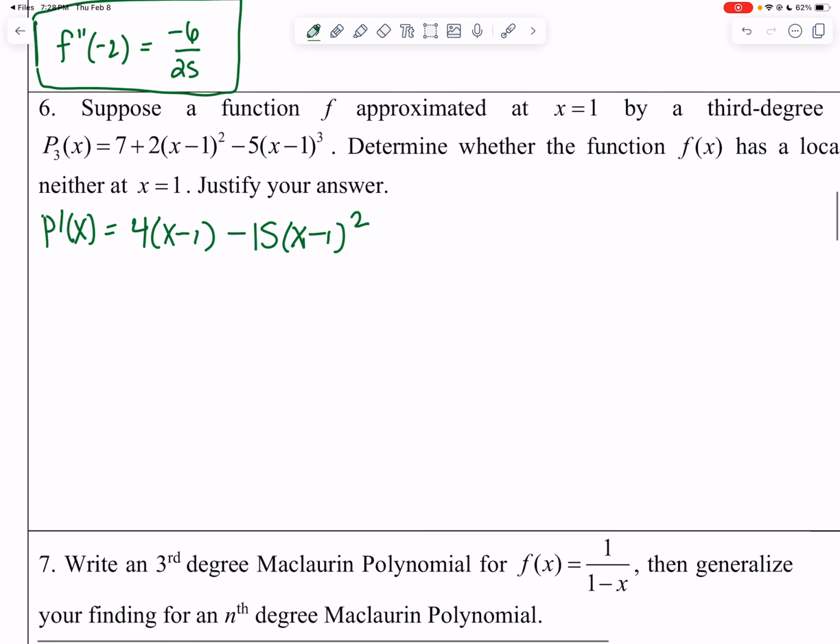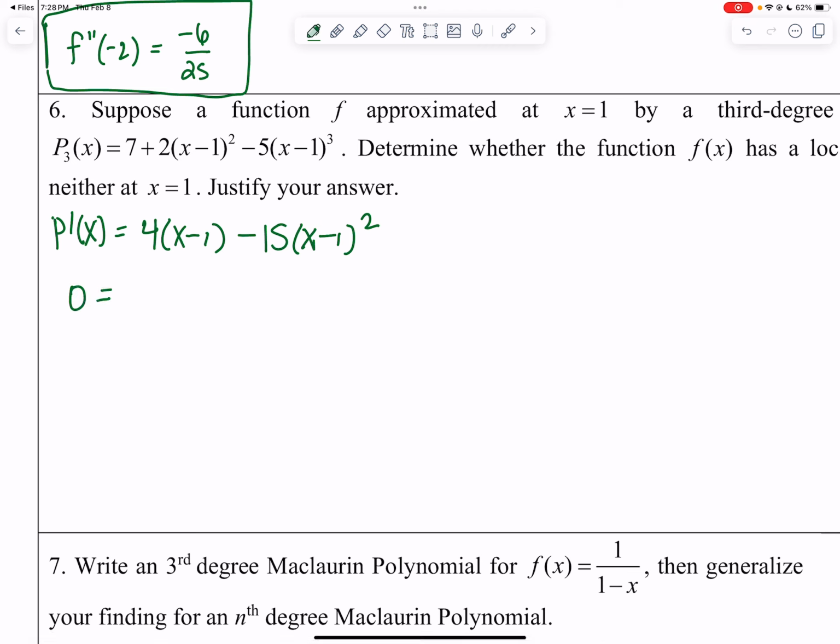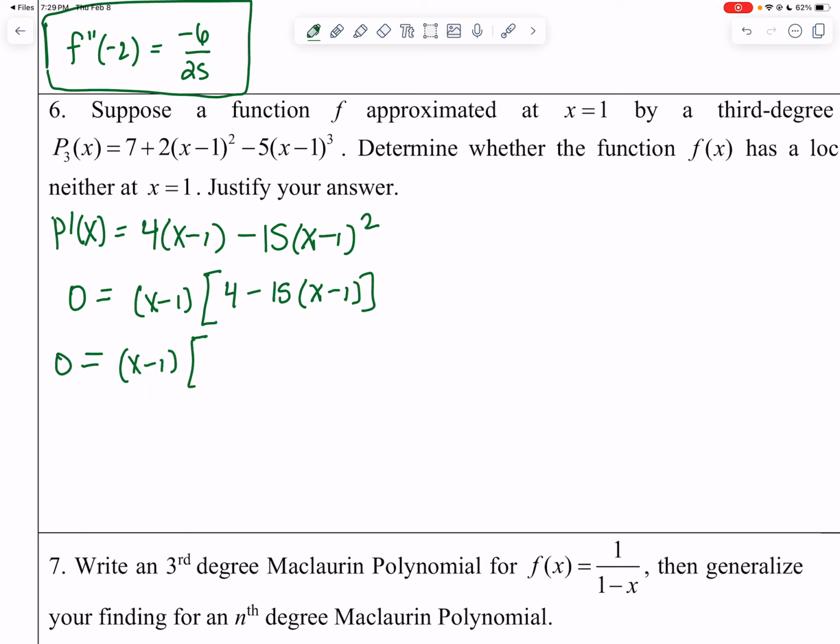And I'm going to set this equal to 0. It's going to be very important for you guys to learn your algebra skills and factoring out stuff, aka don't expand this out right here whenever we could just factor out an x minus 1. Okay, now simplify whatever's in the bracket.